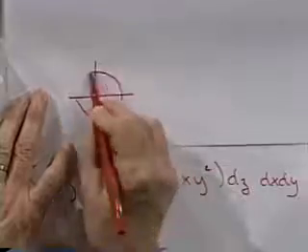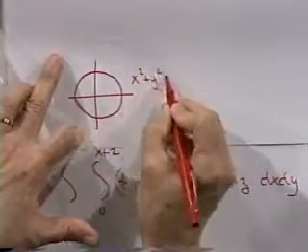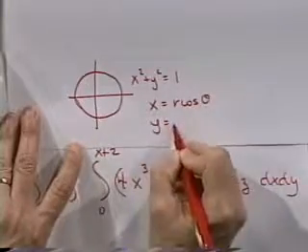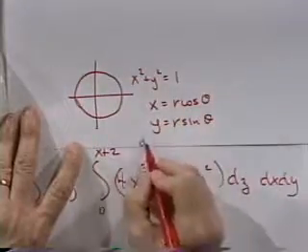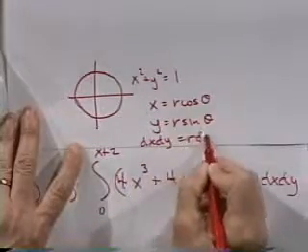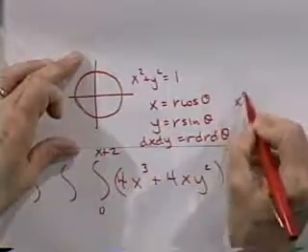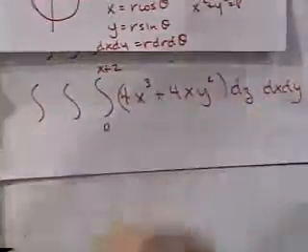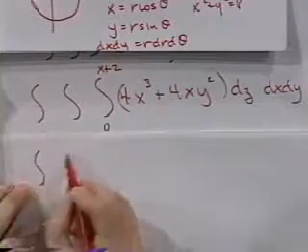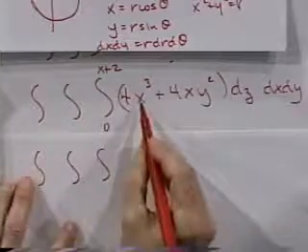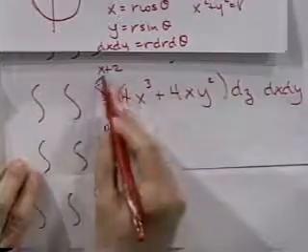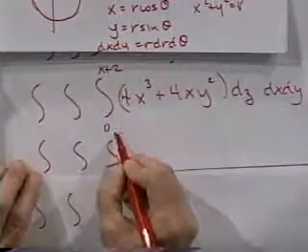My base in the xy plane looks like this. So I guess I have to let x equals r cosine theta, y equals r sine theta, and dx dy equals r dr d theta. And also remember, x squared plus y squared equals r squared. But now notice, we're almost done here. If I set this up, before I rewrite this, it's 0 to x plus 2, but x is now going to be r cosine theta.